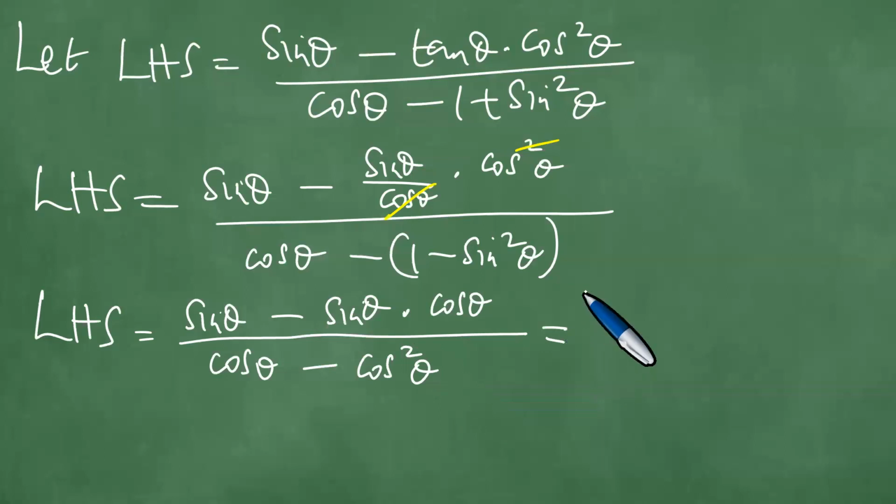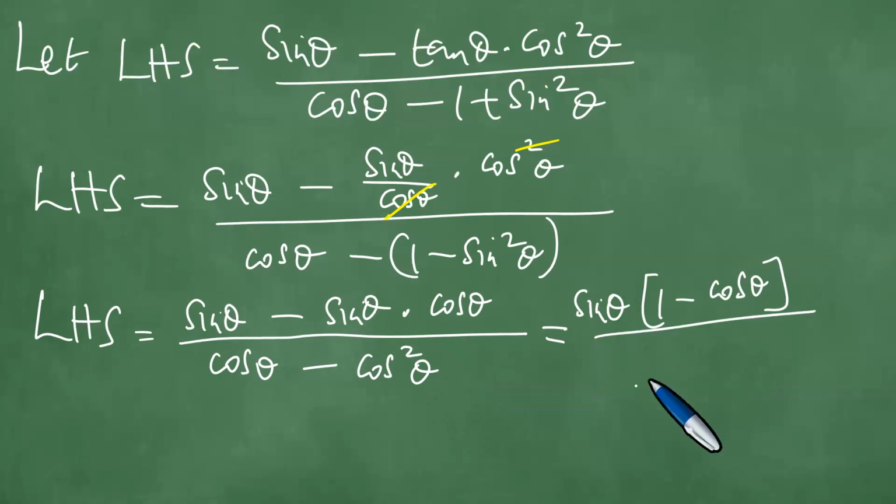Sine theta is a common factor in the numerator, and this is 1 minus cosine theta, all divided by cosine theta in the denominator, which is 1 minus cosine theta.